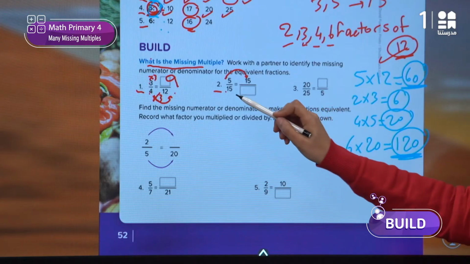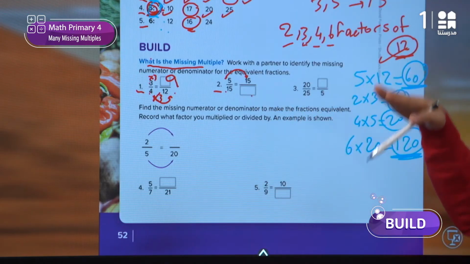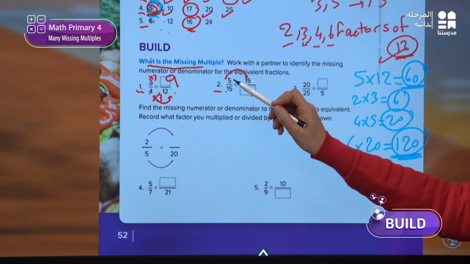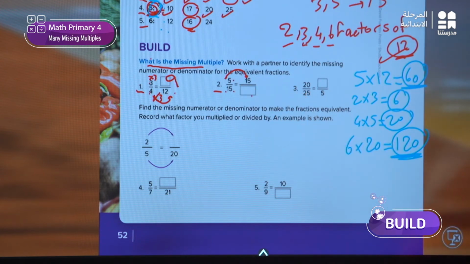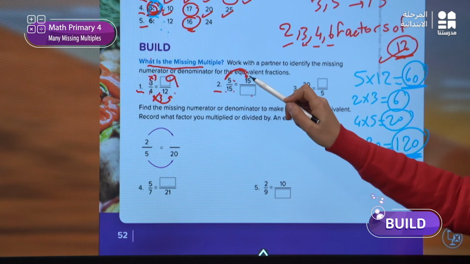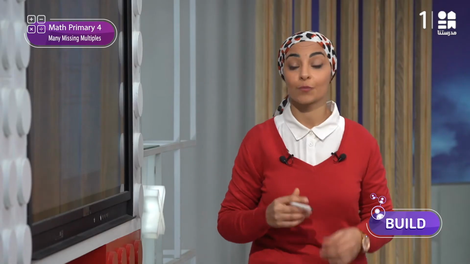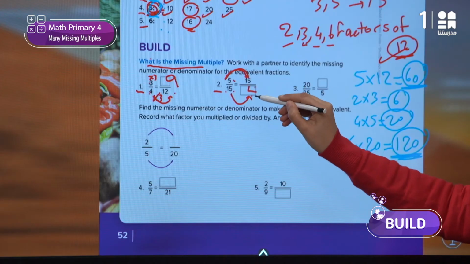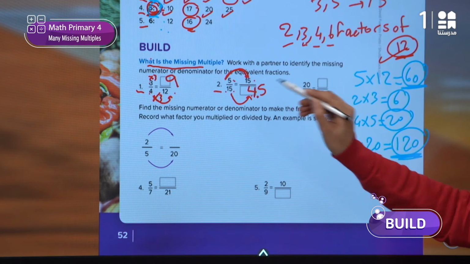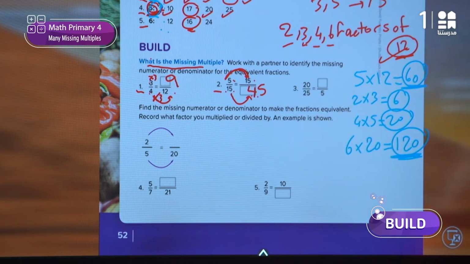To find the second one أو the denominator يبقى لازم أعمل 15 times 3 also. عملت 5 times 3 gives me 15 يبقى هعمل 15 times 3 to find the denominator. So 15 times 3 equals 45 يبقى النيو fraction بتاعي 15 over 45.